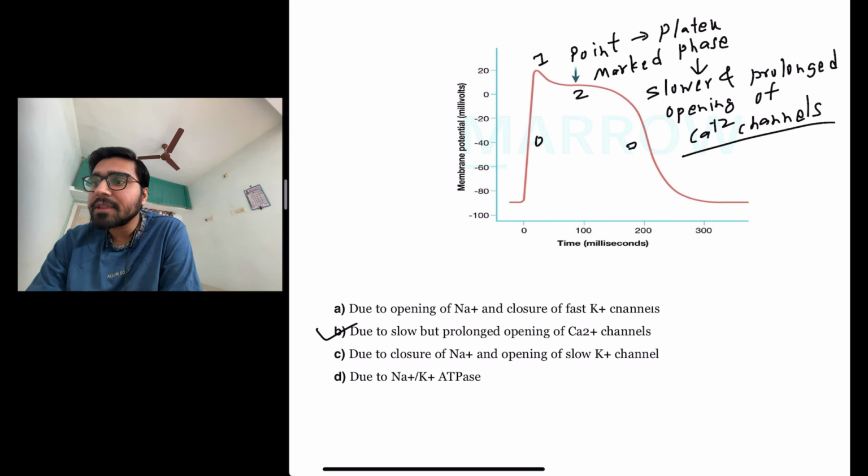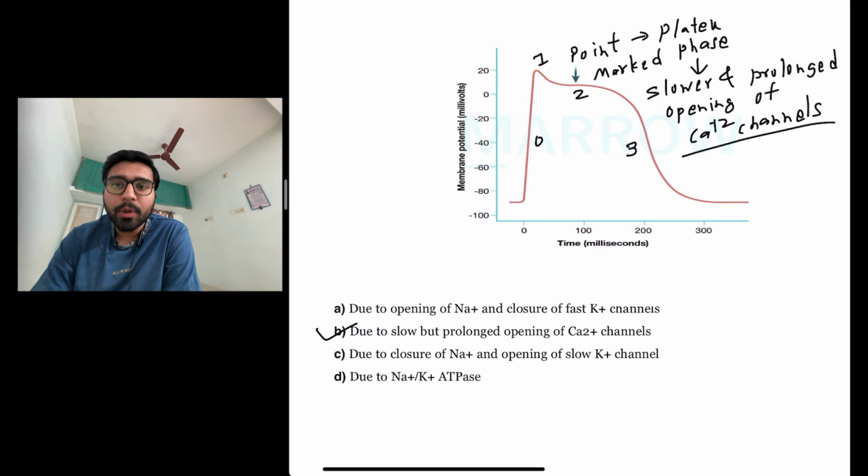This one is phase number 3, due to closure of calcium channels and opening of potassium channels at the end of the plateau phase, which causes repolarization. And the stage number 4 is resting membrane potential. These both are stage number 4, which is reached at the end of phase 3.